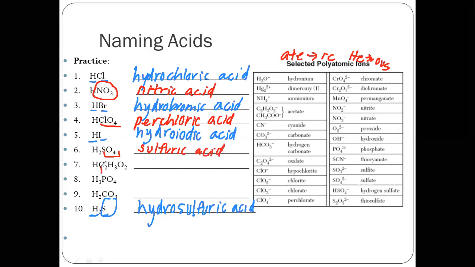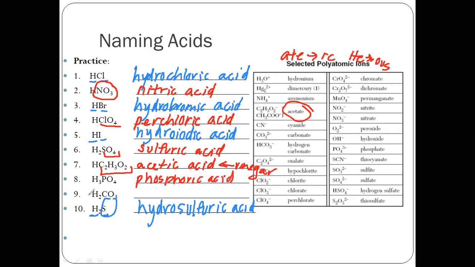Okay, and then C2H3O2 is acetate. So drop the ATE, add an IC, acetic acid. This is vinegar. Okay, and then PO4 is a weird one. It's phosphate. Instead of phosphic acid, you call it phosphoric acid.